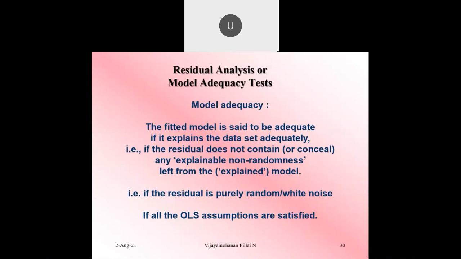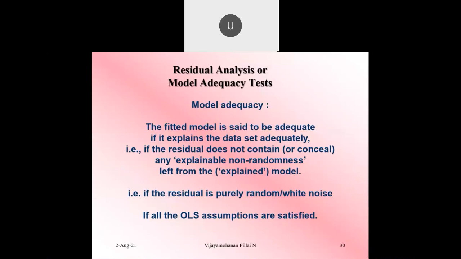Saying this is equivalent to saying that if the residual, which we get by subtracting the fitted model from the actual information, does not conceal any explainable non-randomness left from the explained model, then our model is adequate. Now, what is this explainable non-randomness?